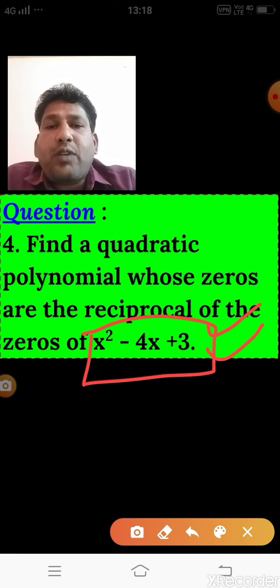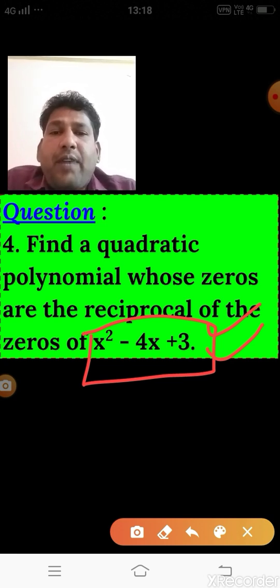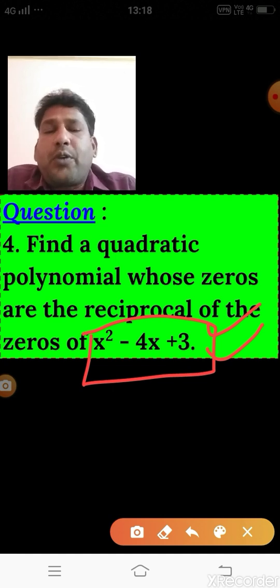Here the coefficients are 1 and minus 4, and the constant term is 3. If alpha and beta are the zeros, then the sum of zeros is minus b upon a, the coefficient of x upon the coefficient of x square, which gives 4.